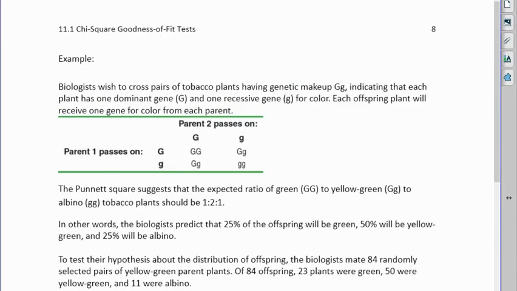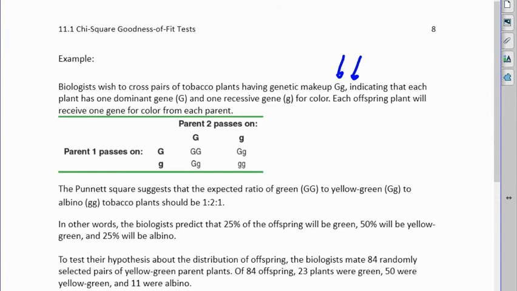Okay, now we're going to do the biology example here. Last page with our biologists, and they have these tobacco plants. And so tobacco plants with their Punnett squares, they've got a dominant gene and a recessive gene, and I'm calling them capital G and lowercase g for this color.